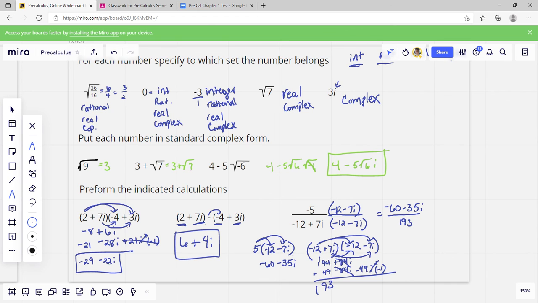So first we need to separate those. So we're going to have negative 60 over 193 minus 35i over 193. And did that reduce? Let me look in the answer key. 60 over 193. Actually, they've got a positive 60 right there, so how did I get negative?